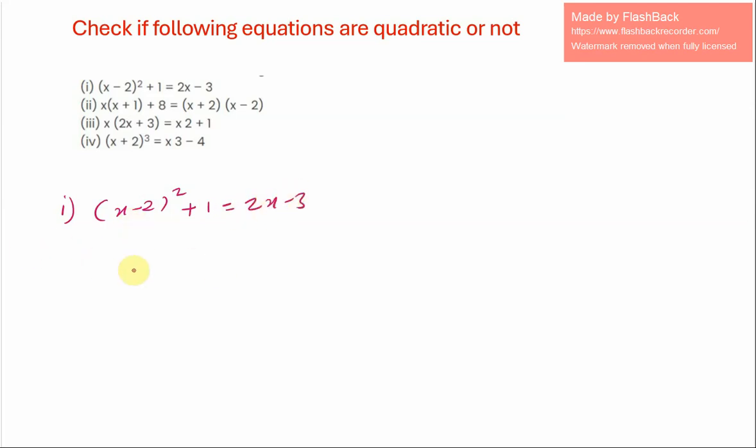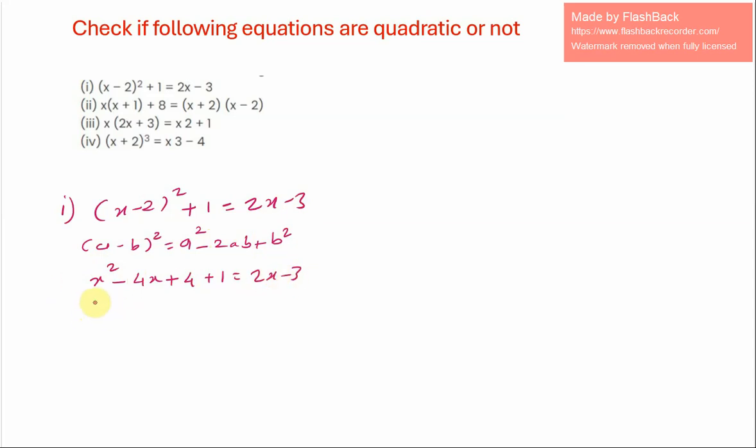After simplification, using the identity (a minus b) bracket square equals a square minus 2ab plus b square, we get x square minus 4x plus 4 plus 1 equals 2x minus 3.